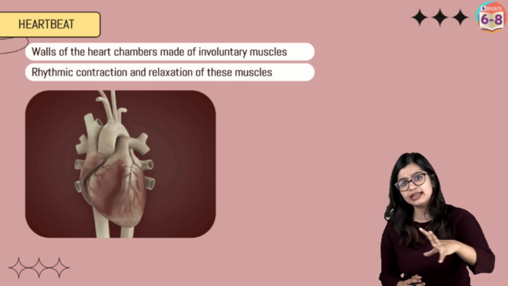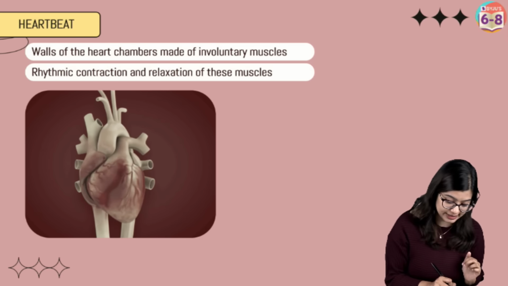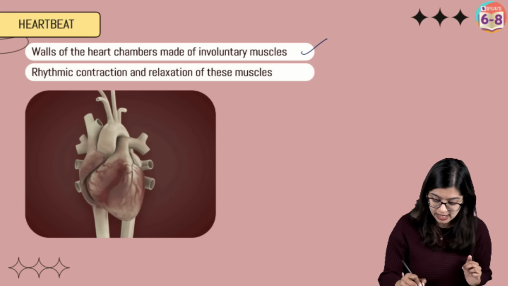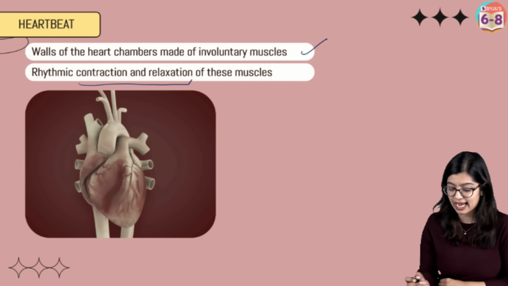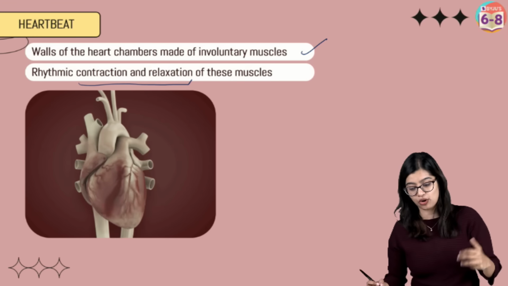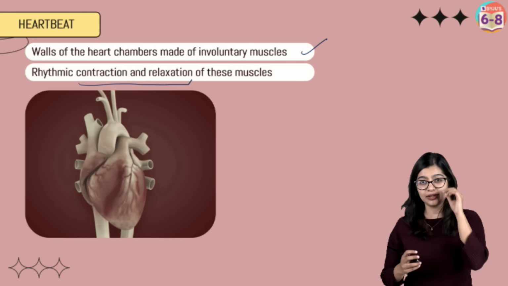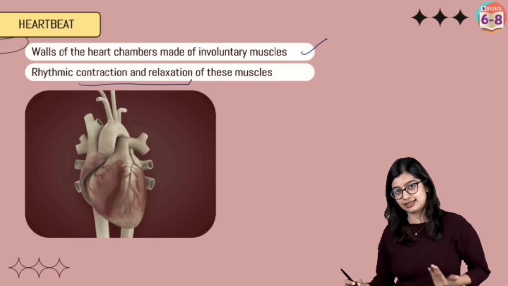And this is happening because of the presence of involuntary muscles called cardiac muscles. And they rhythmically contract and relax. And thereby it results in the formation of a heartbeat, right? So a heartbeat is formed with the help of rhythmic contraction and relaxation.